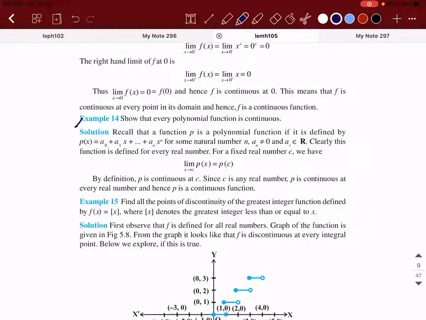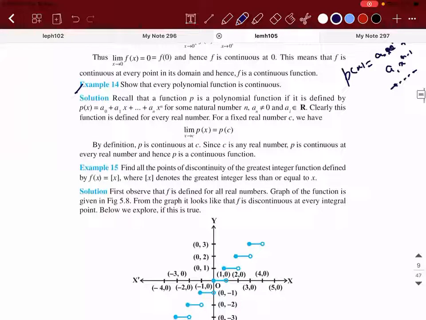If you don't get that idea, you can say P of x is equal to A naught x power n plus A1 x power n minus 1 plus and so on till an. You can take a general polynomial and solve it. Even that is accepted. If you are able to understand the solution, well and good. If not, take a general expression and then solve.